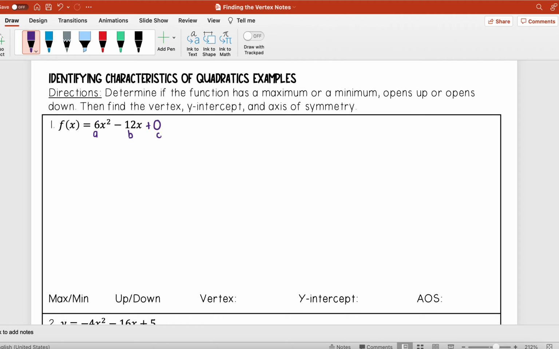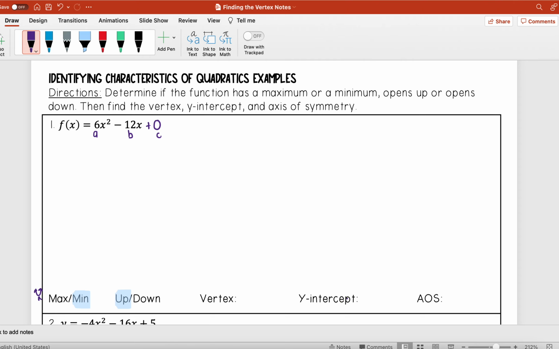So my a is equal to 6, and since 6 is positive, it's greater than 0, that means that my graph is going to be opening up, and then that means that it's going to have a minimum, because if I graph this out, it's going to end up having this U shape, so it's going to have a minimum value.